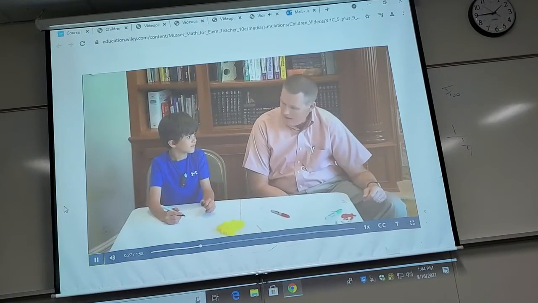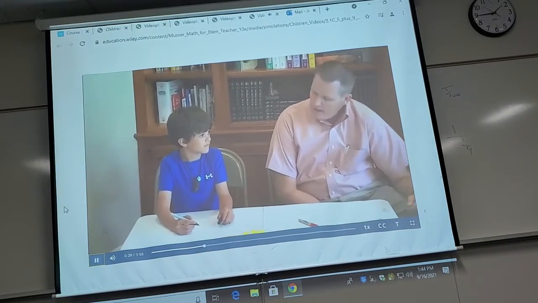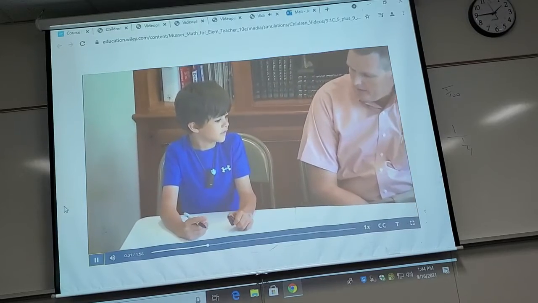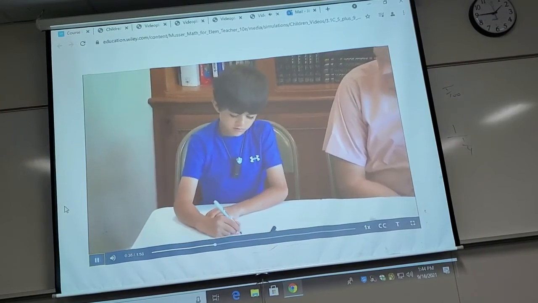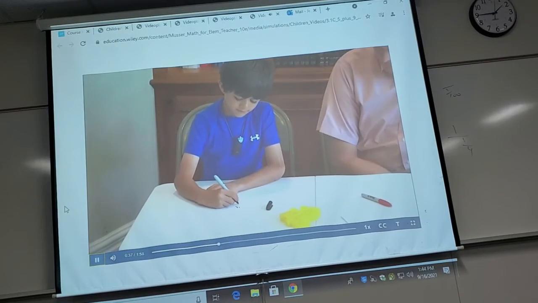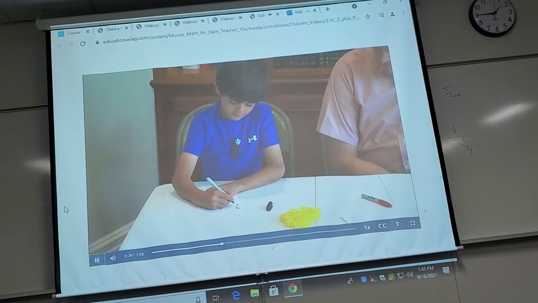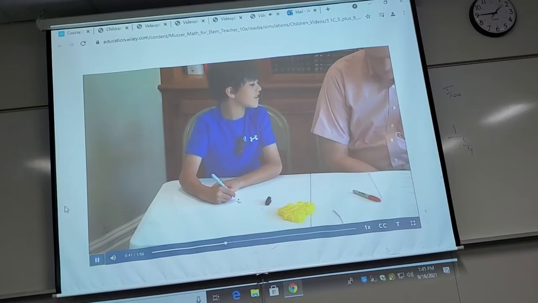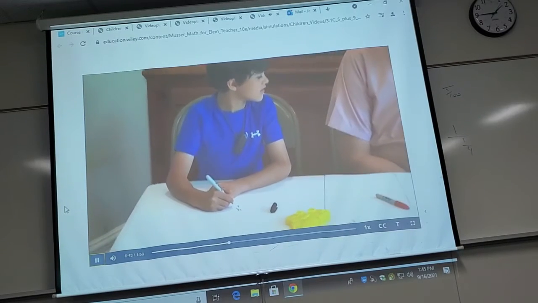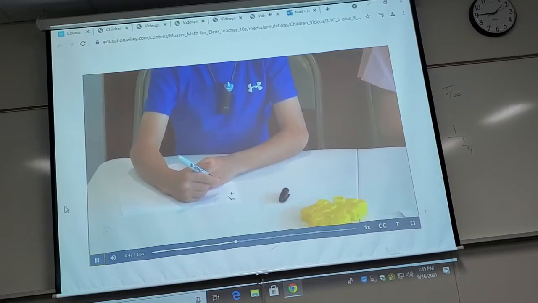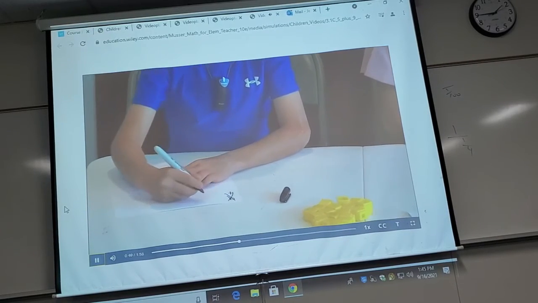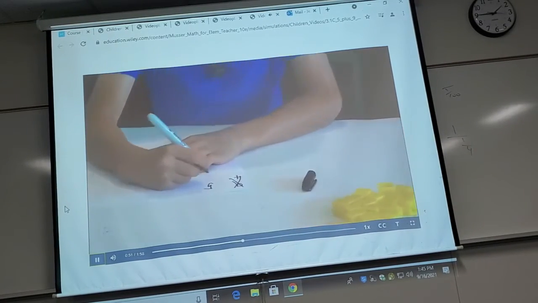During art, he made 9 more clay animals. How many clay animals does Ryder have now?